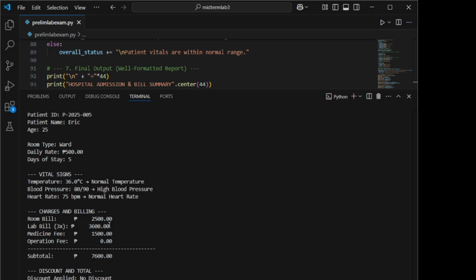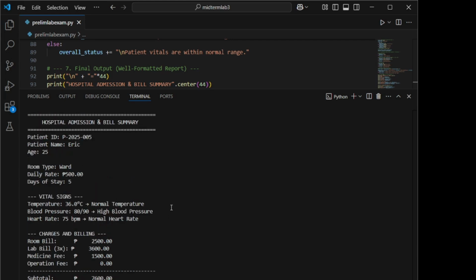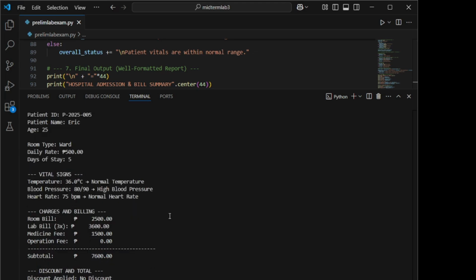So we have a room bill since we stayed 5 days. We get 2,500 and lab bill 3 times, so we got 3,600. For our medicine fee, 1,500.